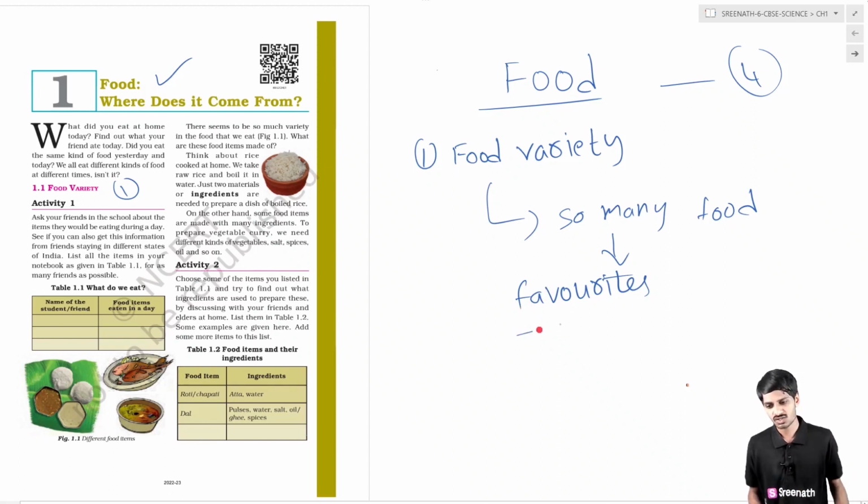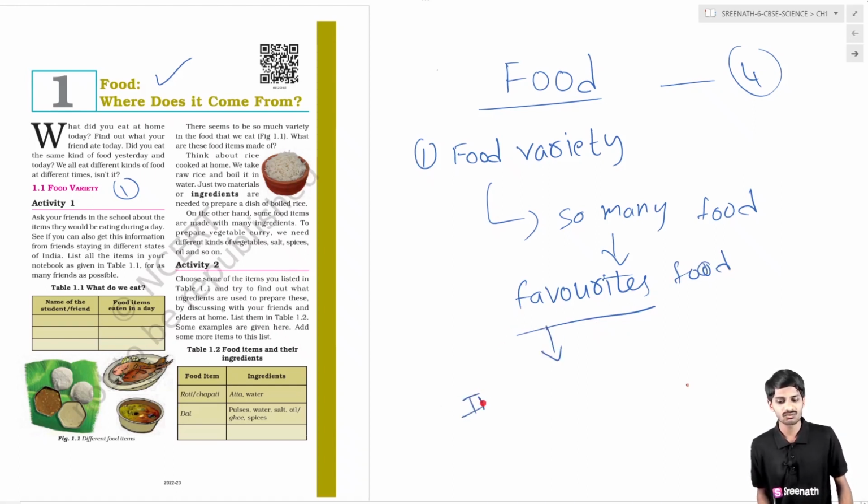So for the preparation of different types of food, for the preparation of favorite foods, we need different ingredients. We need different ingredients to make different delicious foods, our favorite foods.